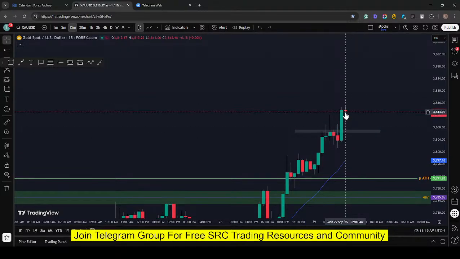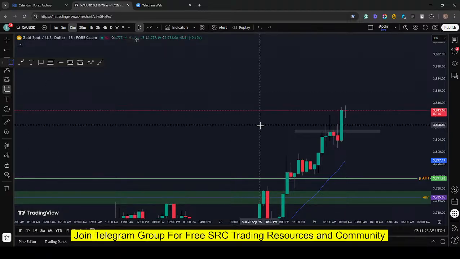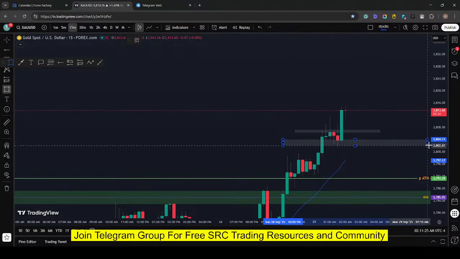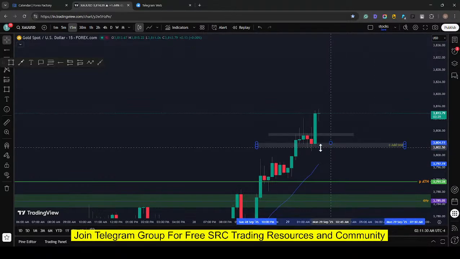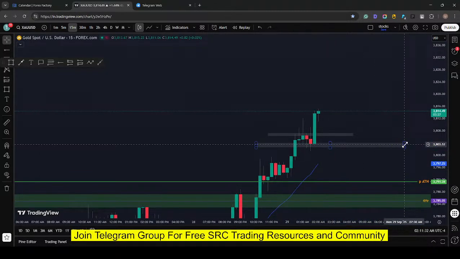Price broke and closed above that. Yeah, it's looking good, man. It's looking good for buys.